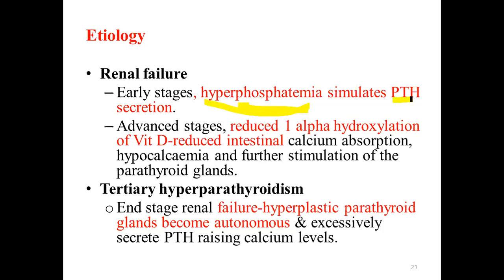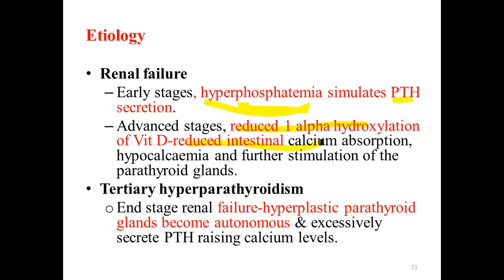But in advanced stage, the major problem is reduced hydroxylation of vitamin D. This ultimately reduces calcium absorption in the intestine. Dietary calcium usually requires vitamin D for absorption. Then hypocalcemia and further stimulation of the gland is very common.